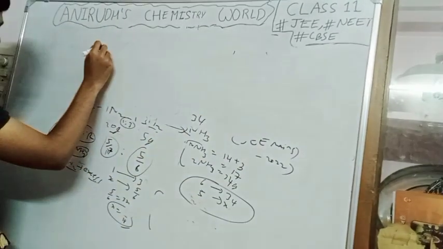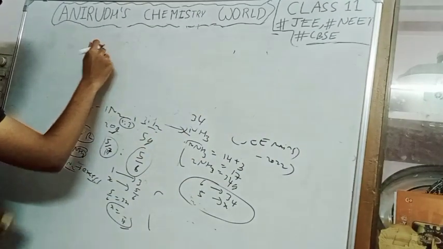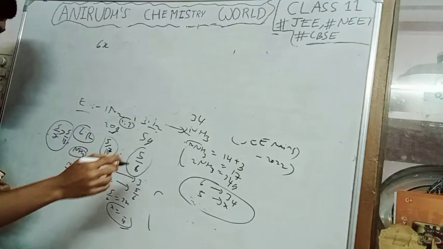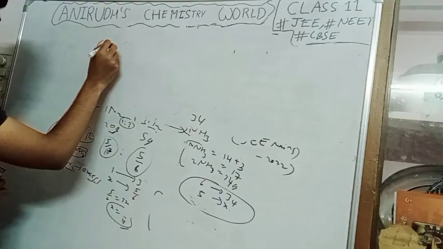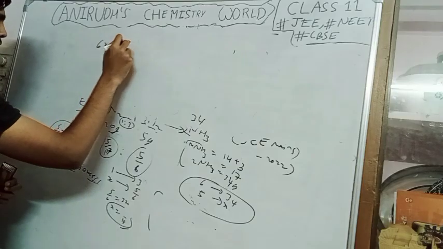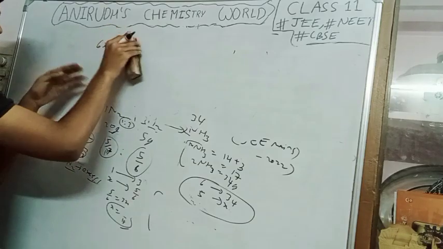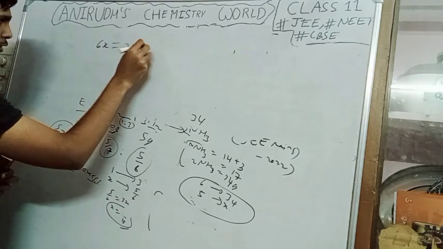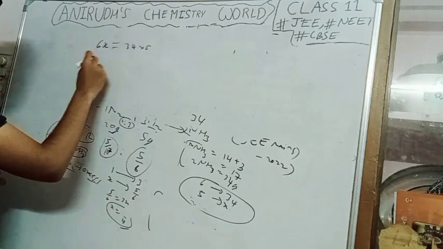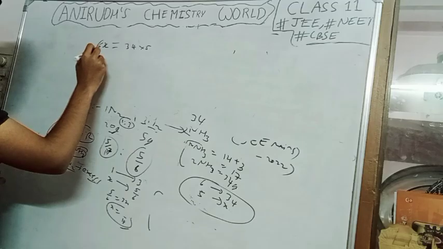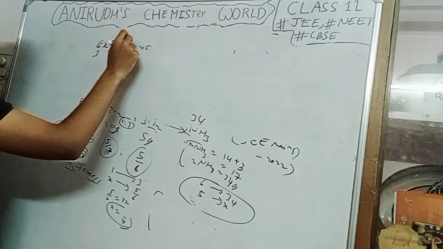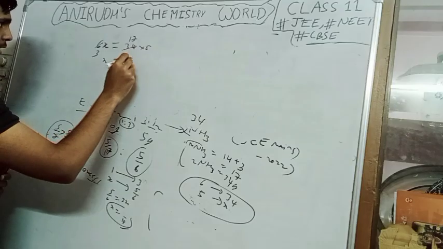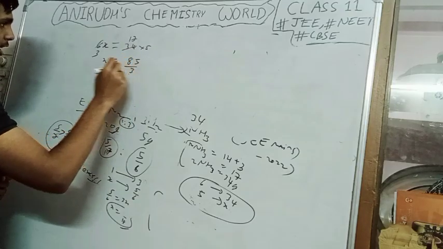You just solve this. What is x here? x is nothing but the amount of NH3 formed. So 6x is equal to 34 into 5. Now you just calculate. It cancels with 2. 2 threes are 6, 2 seventeens are 34, and x is equal to 17 fives are 85 by 3.